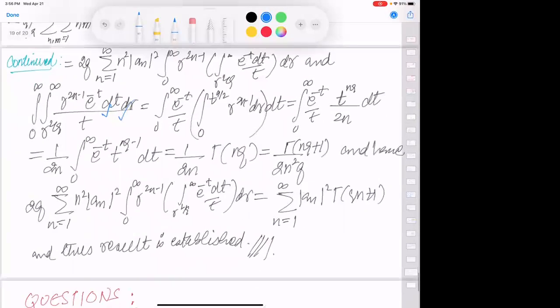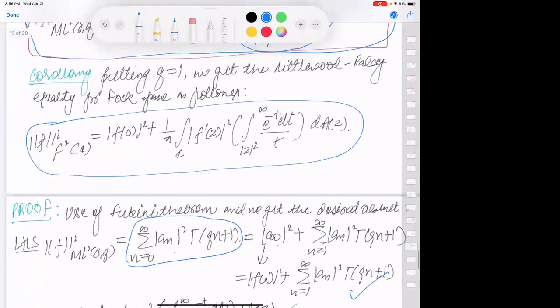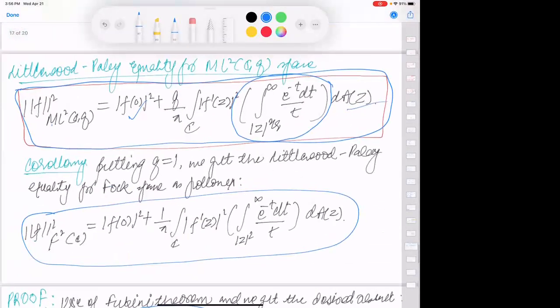So you will be able to get this whole thing over here, and the result is established. So this is the Littlewood-Paley equality for Dirichlet space, and again, if you plug in q as 1, you will get the Fock space.